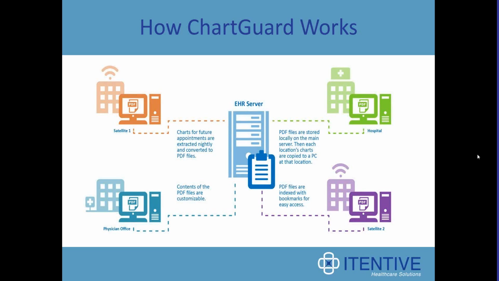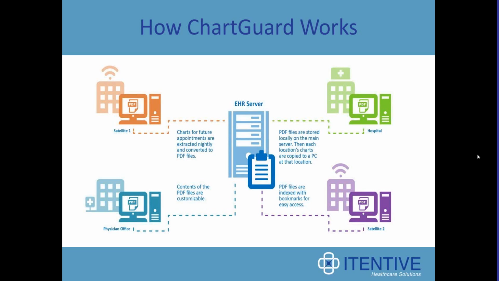So this is an important differentiator with ChartGuard, that it does survive in an offline mode when you can't get to any networking outside your building. You're basically, by our standards today, back in the Stone Age.